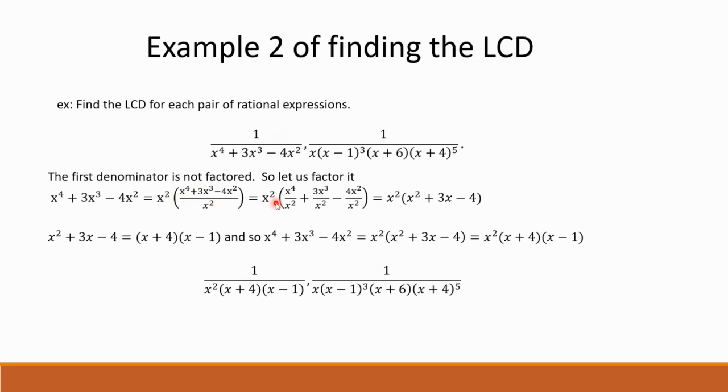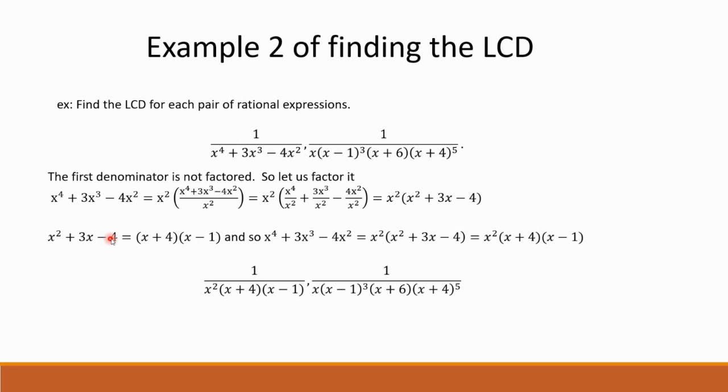We have x squared in front, and we divide to see what's left over. So we get x squared times x squared plus 3x minus 4.